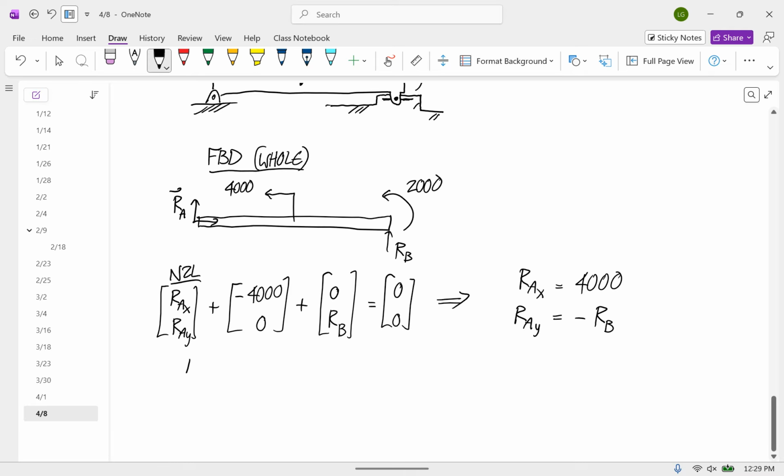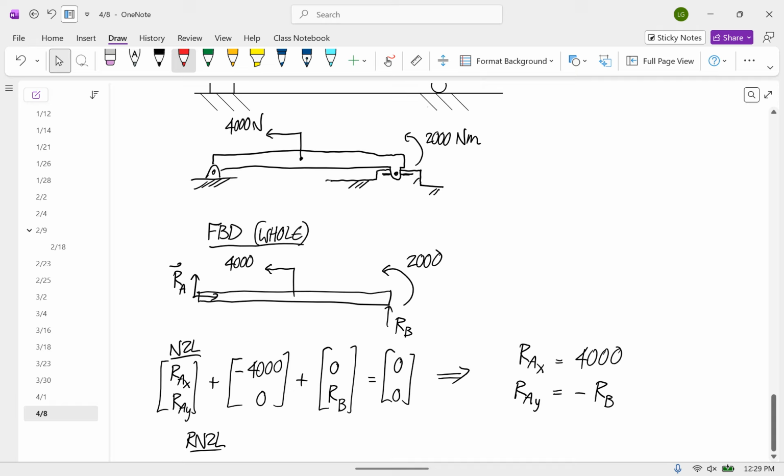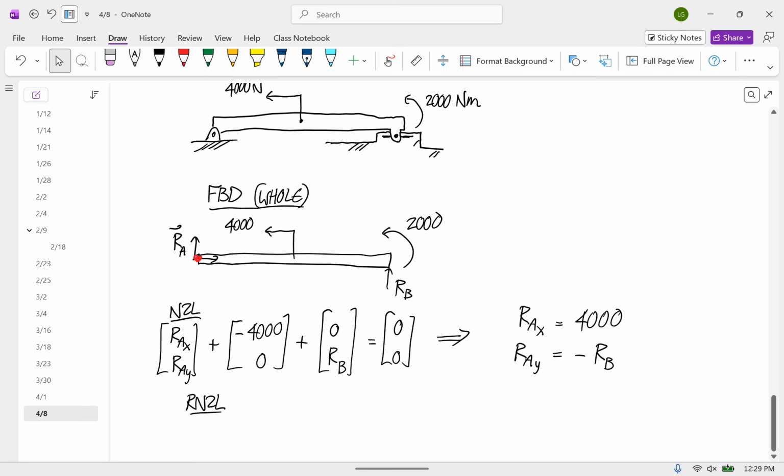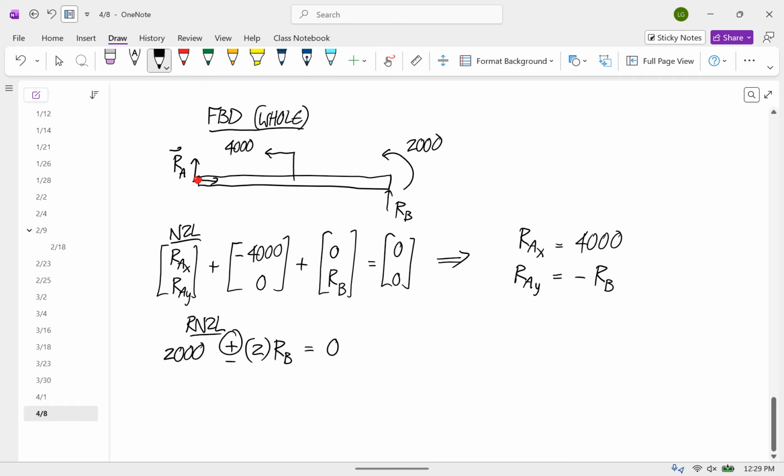And then I'll go to the moment equation, and I will put my about point here. The 4,000 doesn't produce any moment. The 2,000 does. That's counterclockwise, so it's positive. And then the RB does. That's plus or minus a moment arm of 2 times the force. That would cause a rotation that was counterclockwise, so we want the positive.